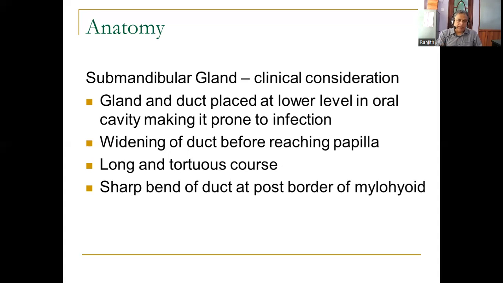That can also bring about chances of infection, because that opening can be blocked by a salivary stone or some other structures that form a barrier for the flow of saliva. Also, the duct itself has a long and tortuous course in the oral cavity, and there is also a sharp bend of the duct at the posterior border of the mylohyoid.